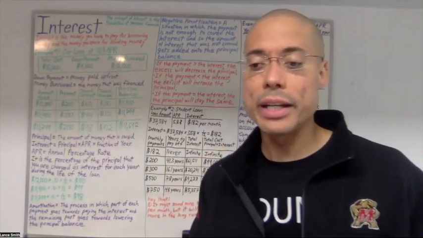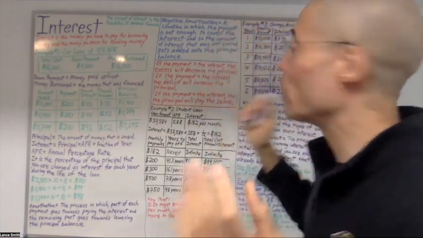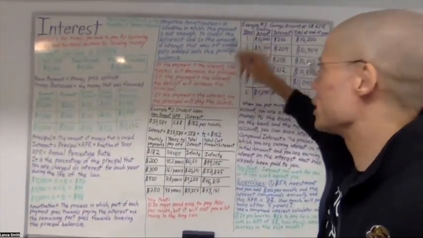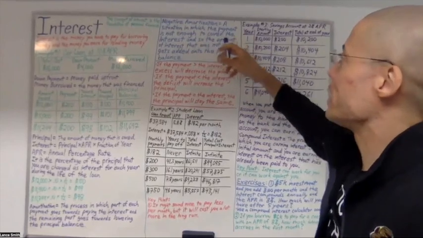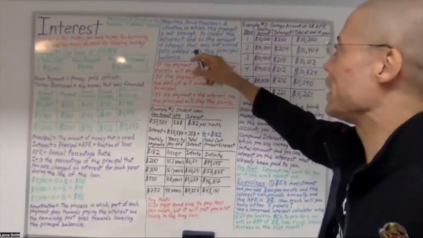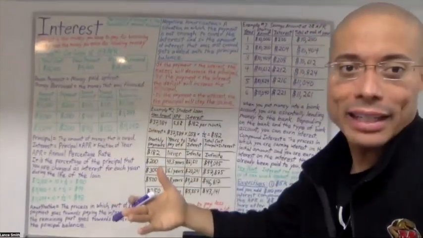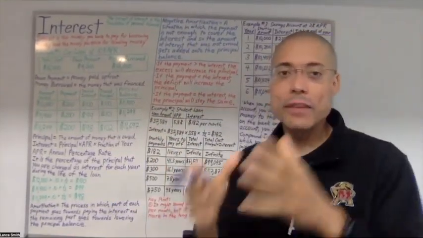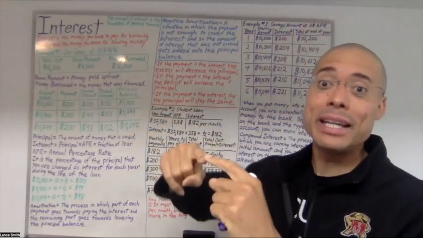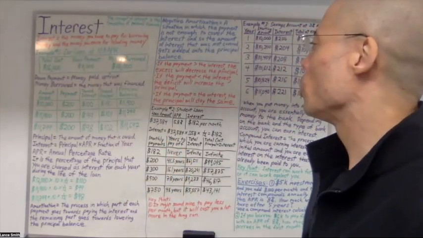Well, in that situation, that would be called negative amortization. Now, what is negative amortization? Negative amortization is a situation in which the payment is not enough to cover the interest. And so the amount of interest that was not covered gets added to the principal balance. So in a situation of negative amortization, your principal balance is actually going to be increasing rather than decreasing.